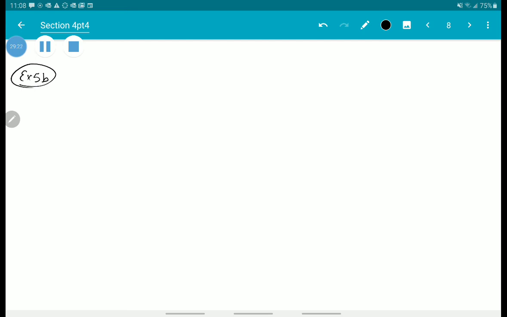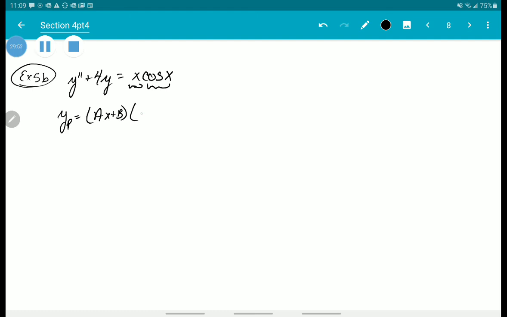Same thing, find the form. So if we think about what it could be, we have a linear term times a cosine term. So the linear term could be expressed as ax plus b.